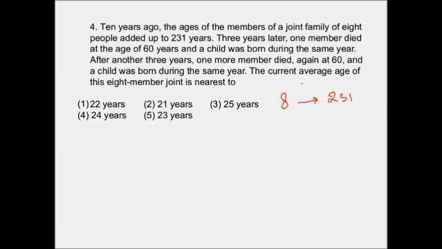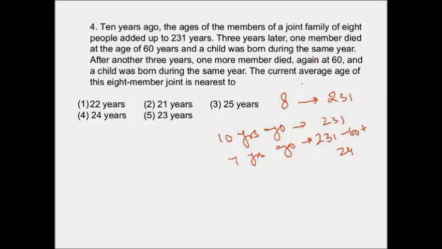So can I say, because this was the age 10 years ago, that is 231. So 3 years later, that means 4 years ago, a member died at an age of 60 years, that means from this 231, 60 would be reduced. But before reducing the 60, can we say that 24 would have been added, because in these 3 years, the total age of 8 members would have increased by 24.